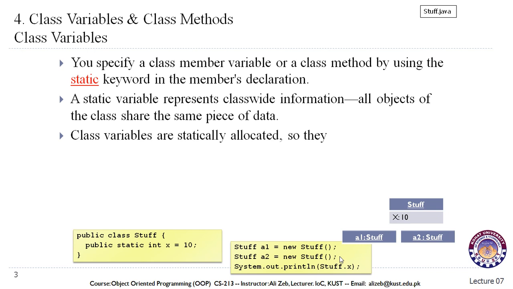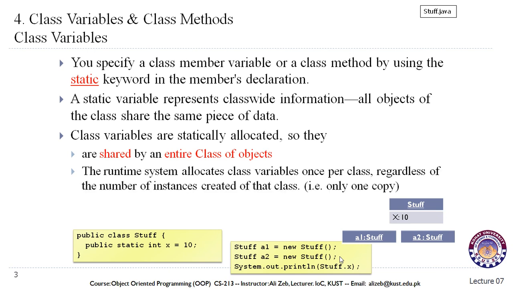Class variables are statically allocated, so they are shared by an entire class of objects. The runtime system allocates class variables once per class, regardless of the number of instances created of that class. So we have only one copy of the class variable. The memory is allocated when the class is created. Static storage is allocated when the class is loaded.